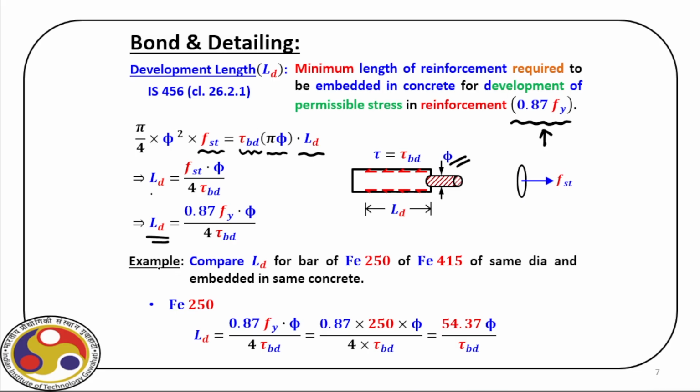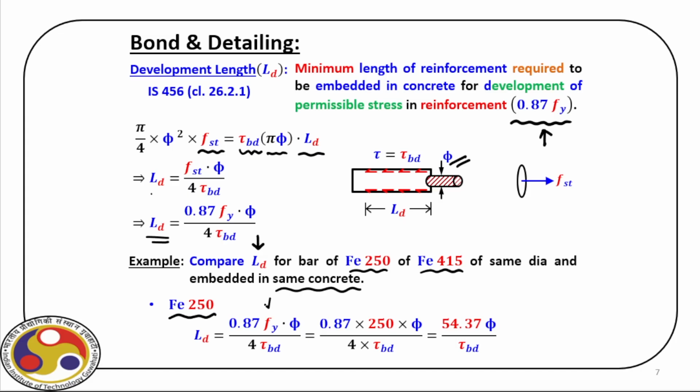Now if we consider this example where we compare the development length of the bar when we use Fe250 and Fe415 of same diameter and embedded in the same concrete. So we use the same concrete for these two different types of bars where the diameter remains the same. So for Fe250, obviously LD, as you can see here, is 0.87 Fy times phi, where phi is the diameter of the bar, which will remain the same.